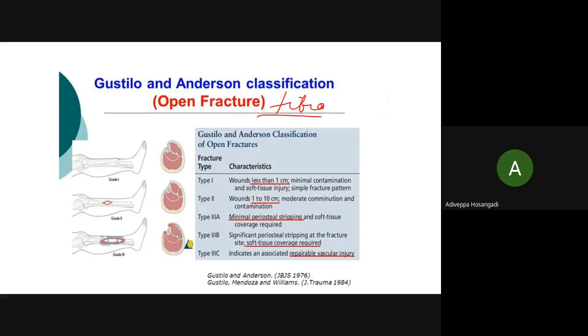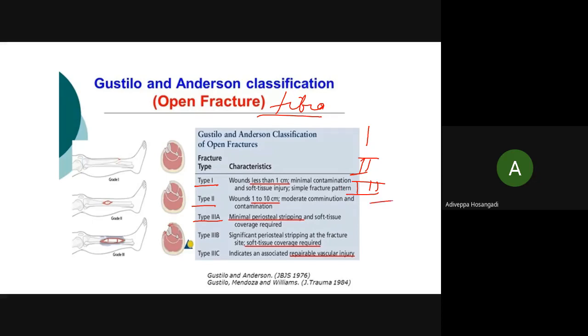Okay, Gustilo-Anderson classification, please remember there are type 1, type 2 and type 3, depending upon the severity of the soft tissue injury or the skin damage. Please remember, the Gustilo-Anderson classification for open fracture depends on soft tissue injury. So 1, 2 and 3.